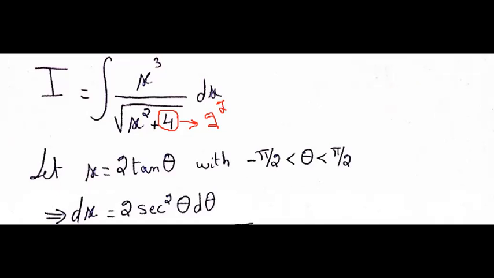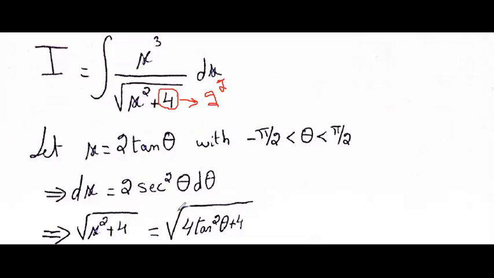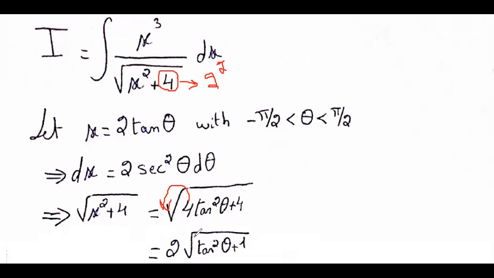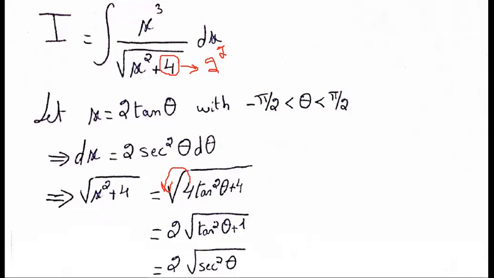And the square root of x squared plus 4 would be the square root of 4 tangent squared theta plus 4, because x is 2 tangent theta. We take 4 into factor, and then we put it outside the square root, so it's going to be 2. So now we have 2 square root of tangent squared theta plus 1. And tangent squared theta plus 1 is secant squared theta, because secant squared minus tangent squared is equal to 1.